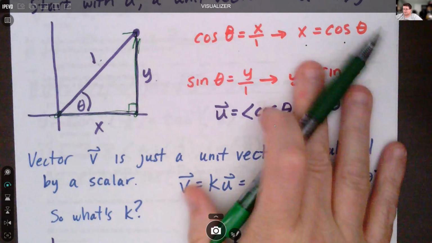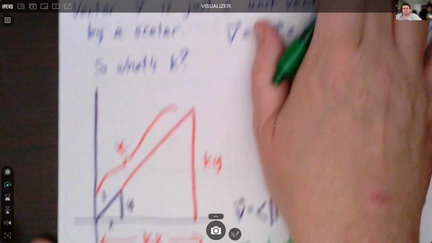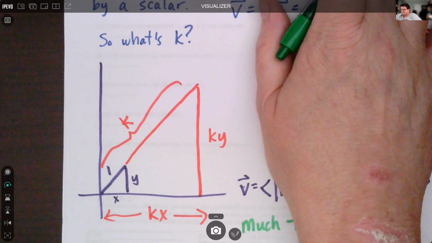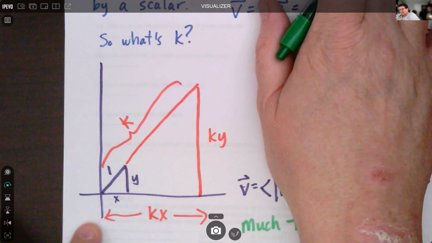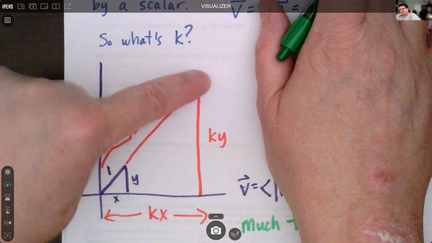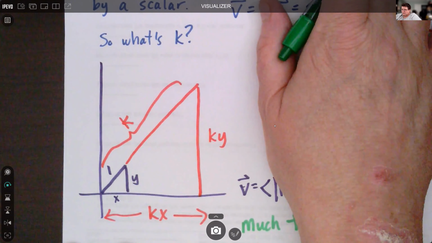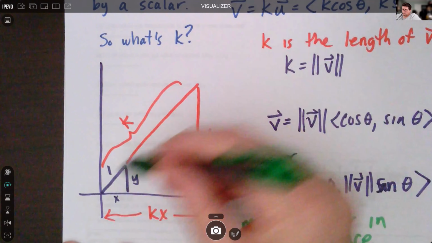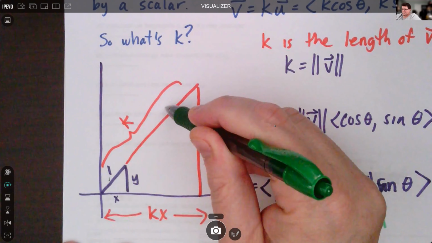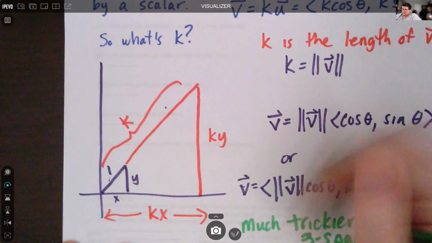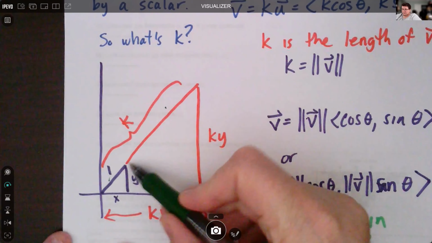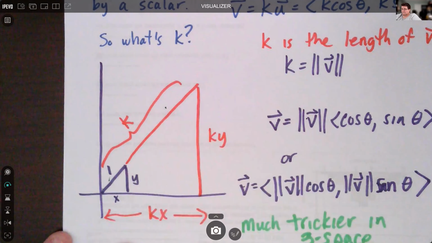Well, if we look at the picture here, rather than doing x and y, we have k times x, k times y. This length is 1. Well, 1 is being multiplied by k, it grows to k. K is now the new length of that vector. So that's how we scale it.